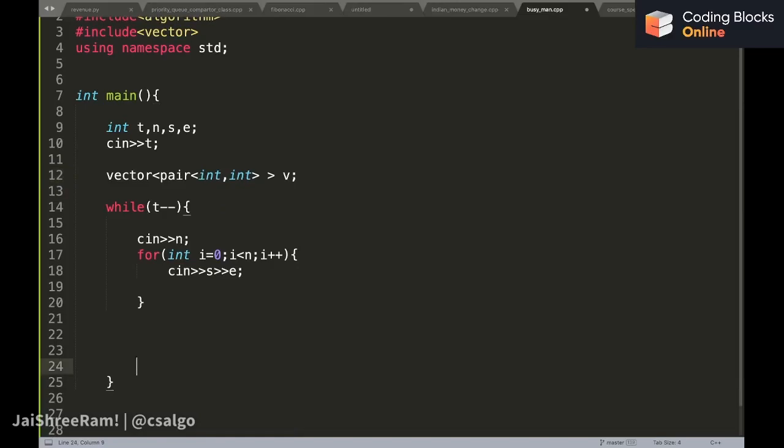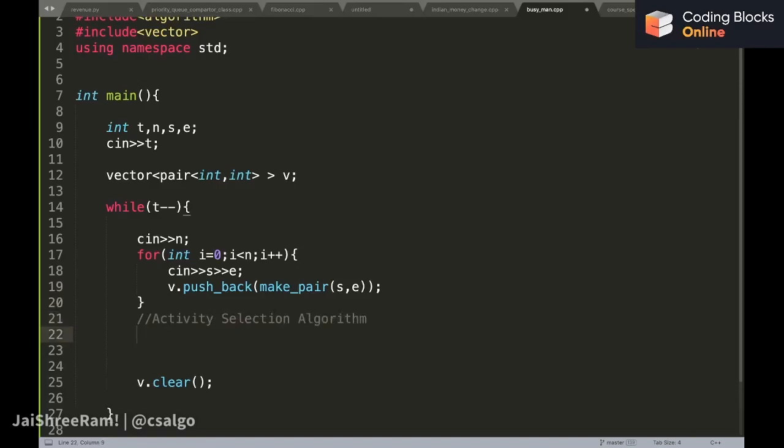After each test case I should also clear my vector so that I can store the data for the next test case also. So what I will do, I will just push back these values into a vector. So these go into the vector, and here I will build my activity selection algorithm.